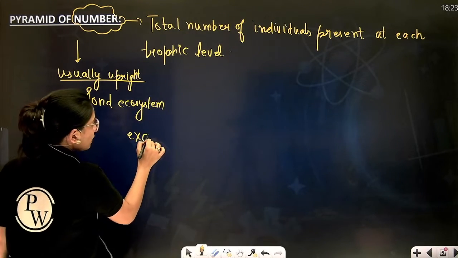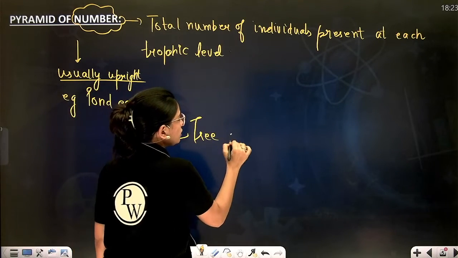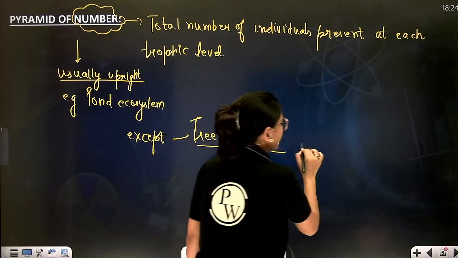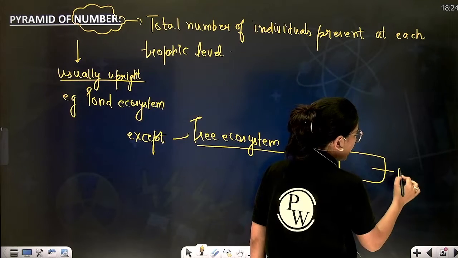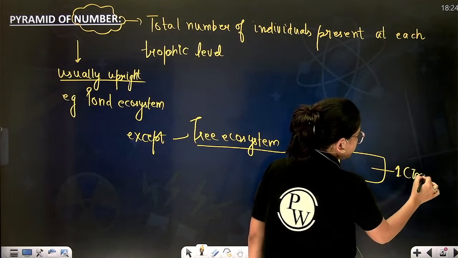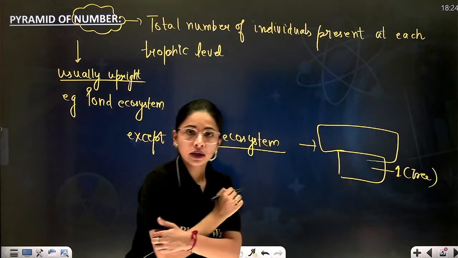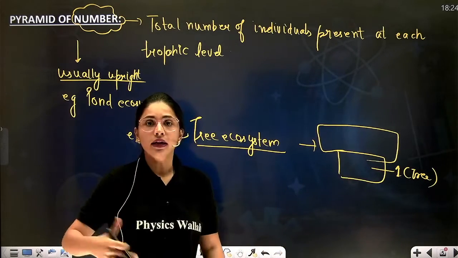Exceptions are there. An exception is the tree ecosystem. You know, in the tree ecosystem, the first trophic level is occupied by the tree. And on one tree, so many birds can feed, and on different birds, so many parasites can again live and feed.